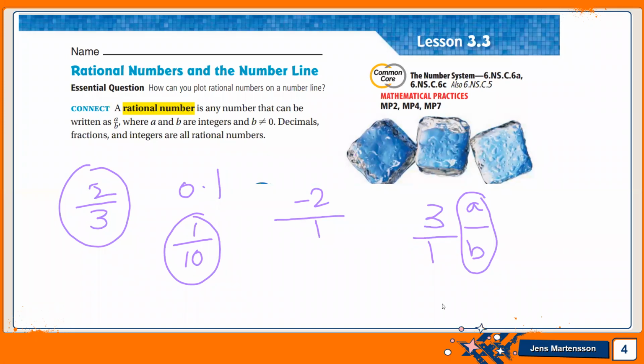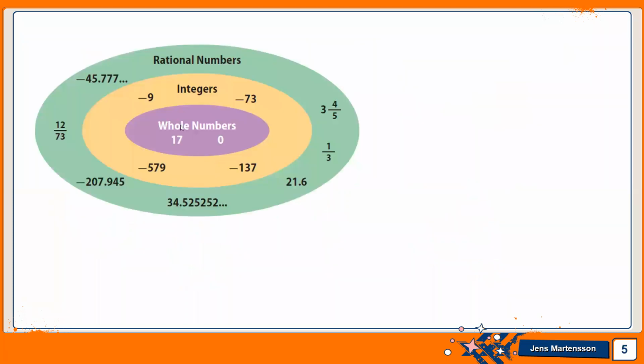So look at this circle here. As I told you before, all the numbers we knew before grade 6, like 0, 1, 2, 3, 17, 200, 1000, and so on, we call whole numbers.